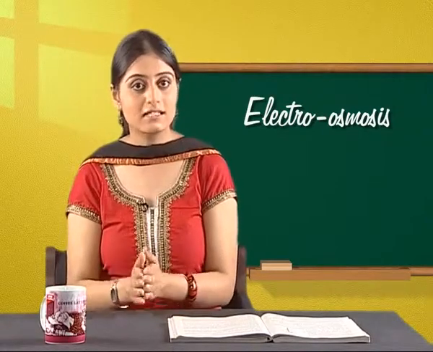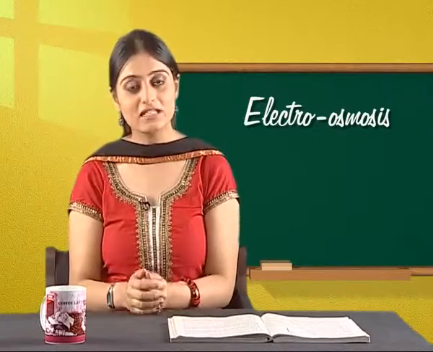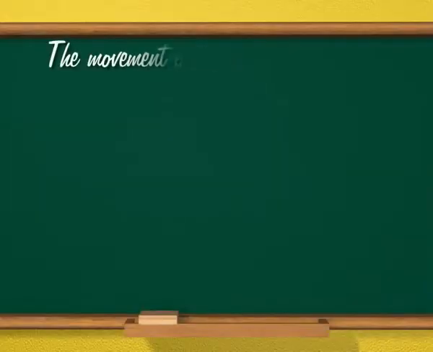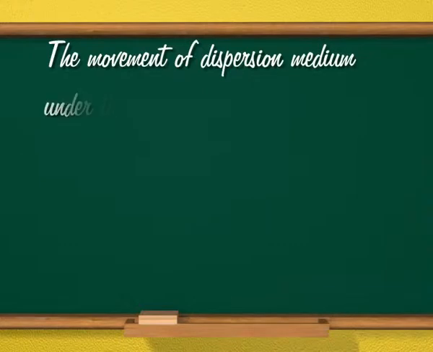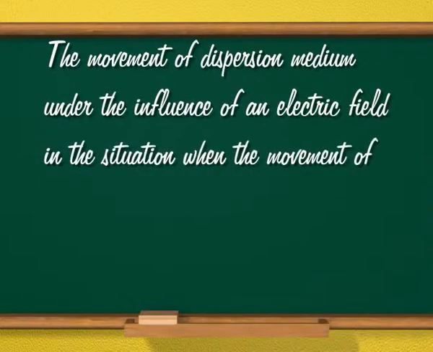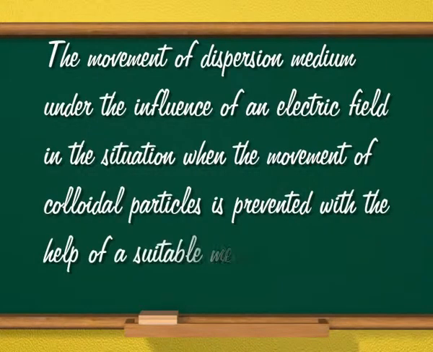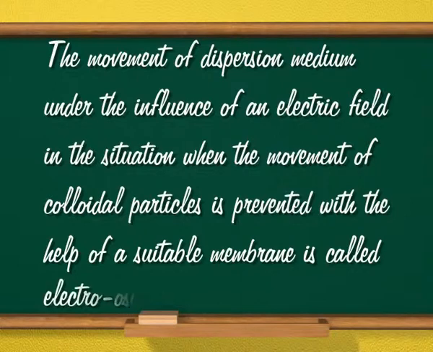This phenomenon is called electroosmosis and may be defined as follows. The movement of dispersion medium under the influence of an electric field in the situation when the movement of colloidal particles is prevented with the help of a suitable membrane is called electroosmosis.